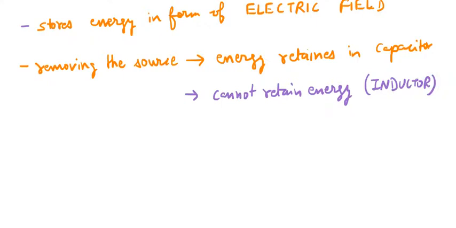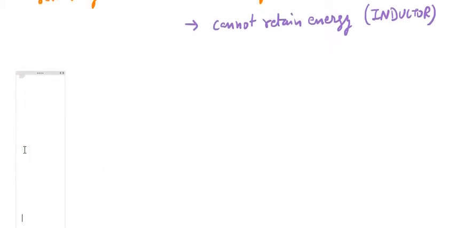An inductor cannot retain energy after removal of sources because magnetic field is produced only due to presence of current change with respect to time in the circuit.